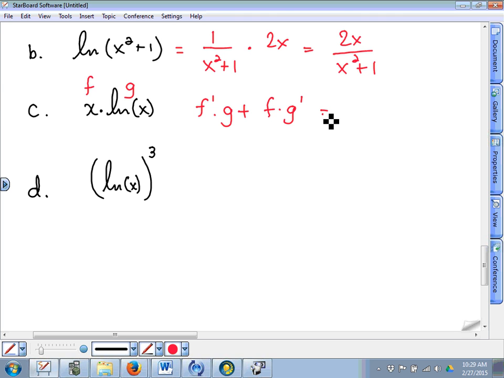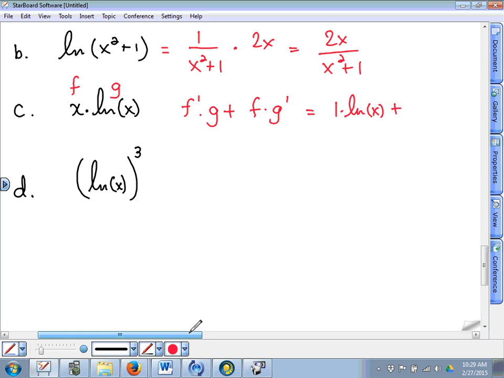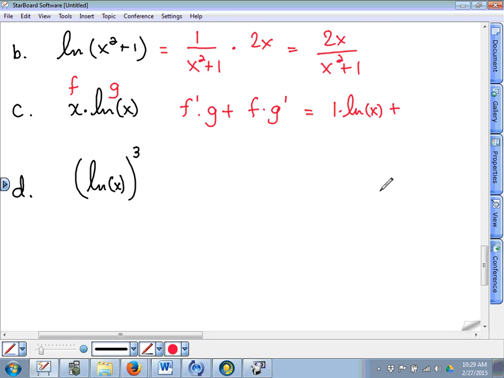So what's f prime? 1. And then you multiply that by g, the natural log of x, plus now we have x times g prime. What's the derivative of natural log of x? 1 over x.